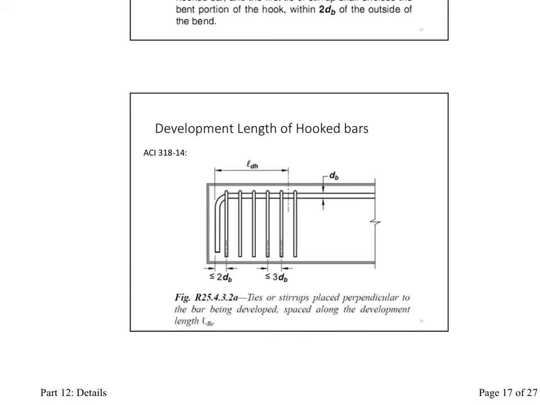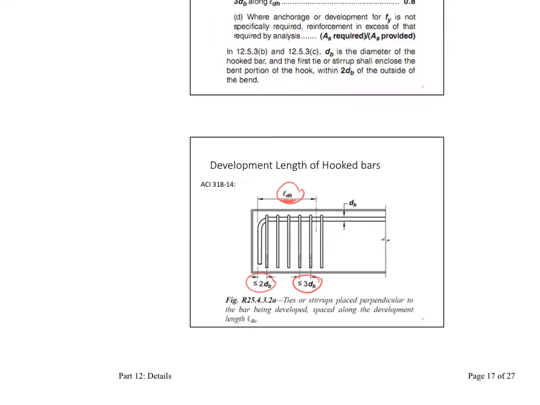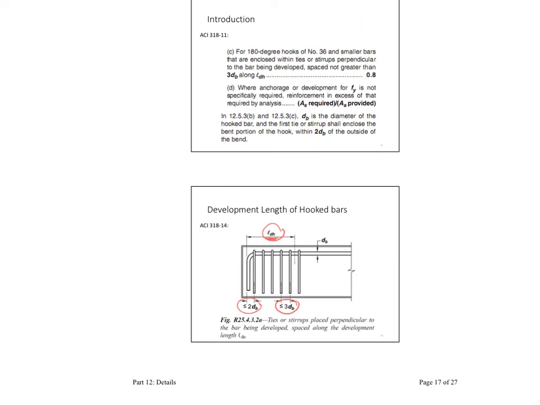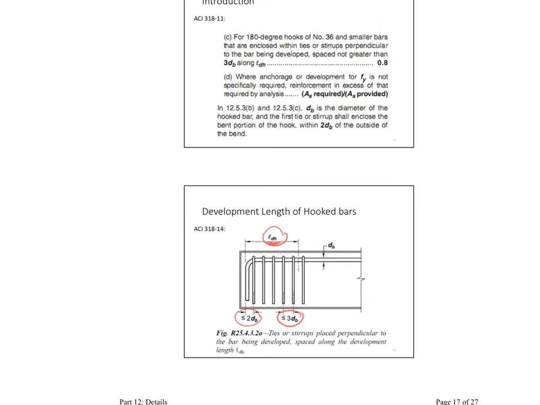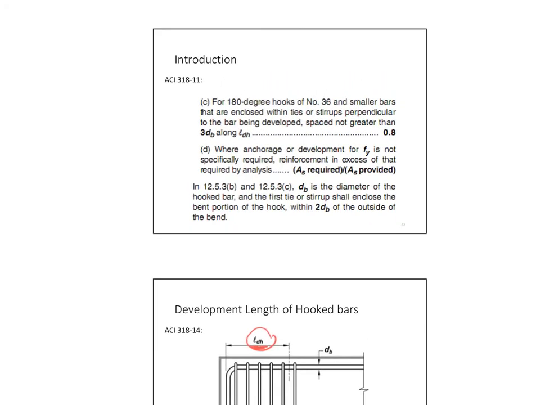Here's how it looks. Within the LDH, the stirrup spacing is less than 3 dB, and the very first one is less than 2 dB. If I fulfill this within the LDH, then I have good confinement. Otherwise, you're not well confined, and you will have to put the larger value for psi.